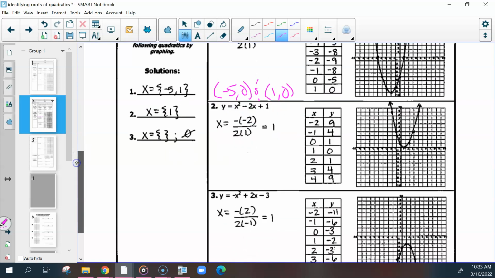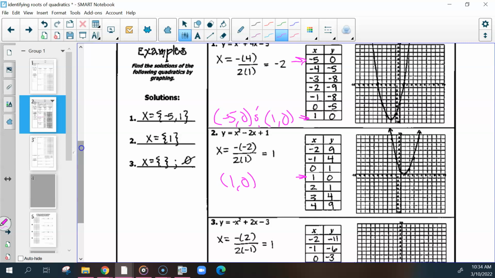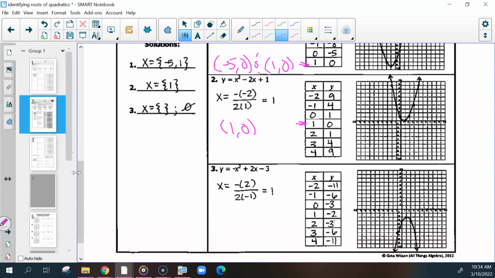Number 2 had 1 solution. It was at 1, 0. These are also given to you in the table, so you can look there as well. This only touched the x-axis once. What questions do we have on that one?